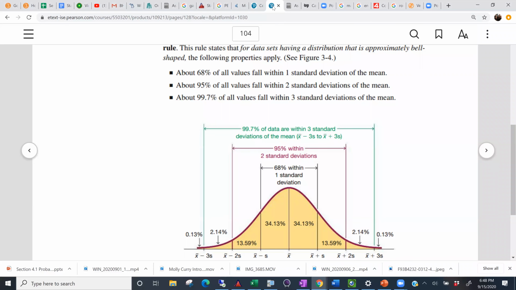So this would be section 3.3. The problem I want is going to be on page 125. So let me just jump to page 125.